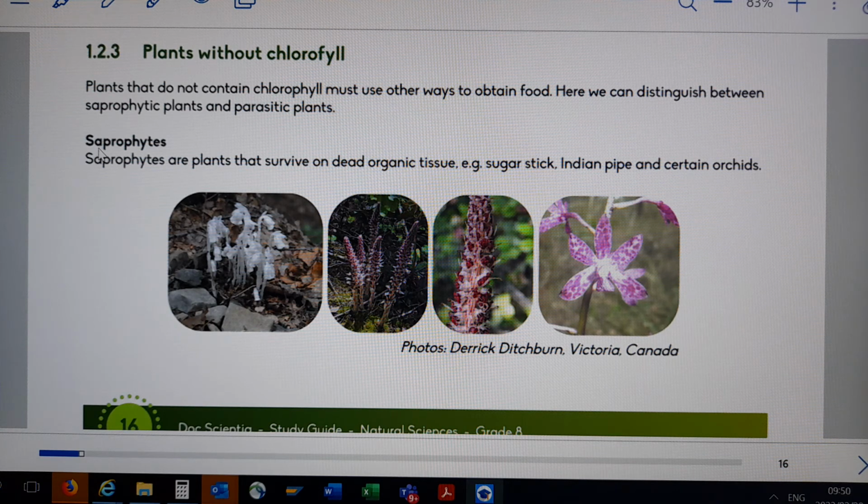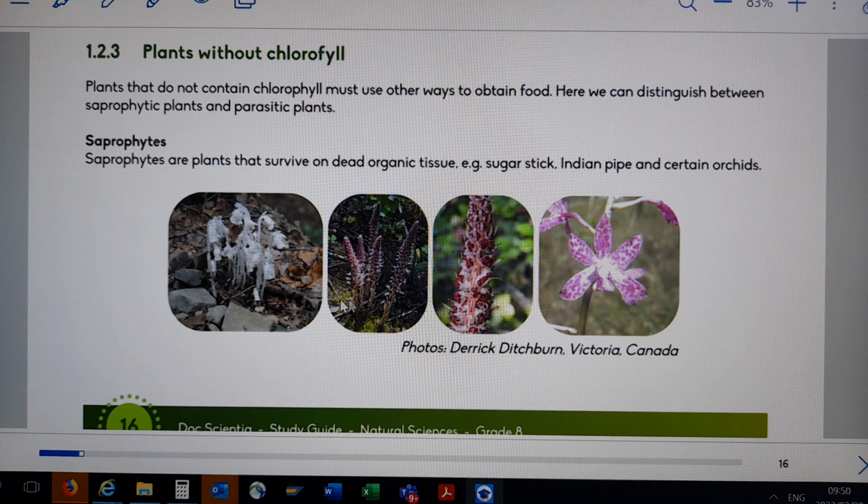Let's start with saprophytes. Saprophytes are plants that survive on dead organic tissue, like sugar stick, Indian pipe, and certain orchids. So these plants, the saprophytes, survive on dead organic tissue.